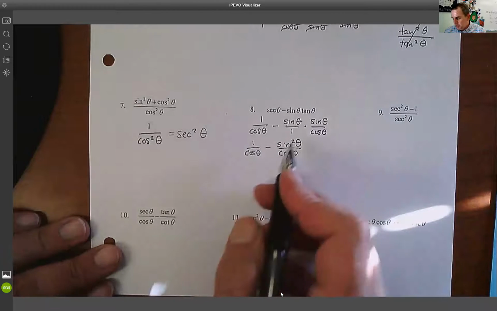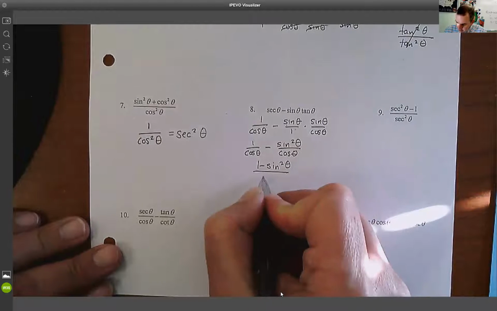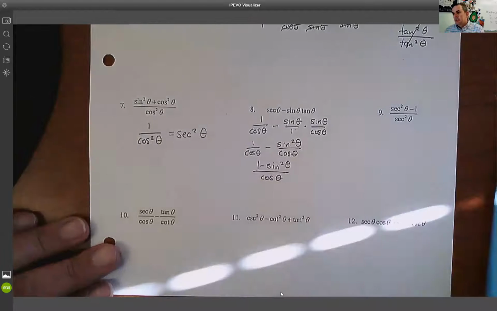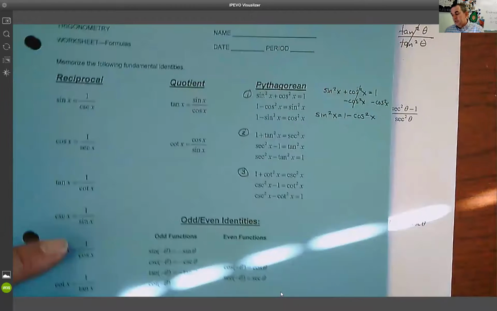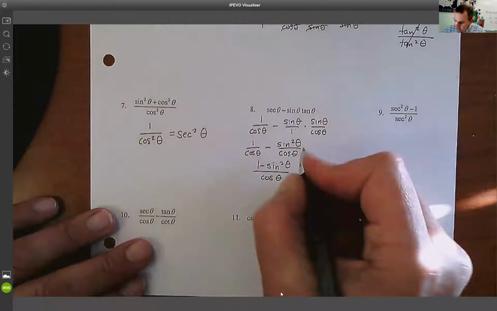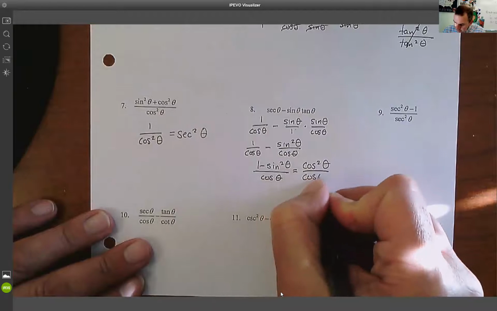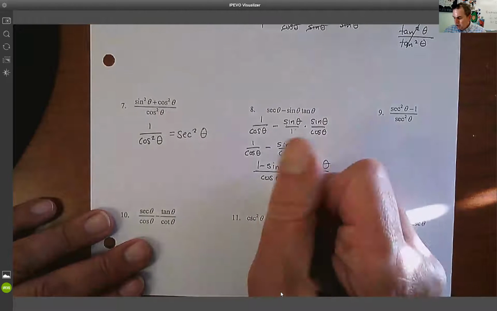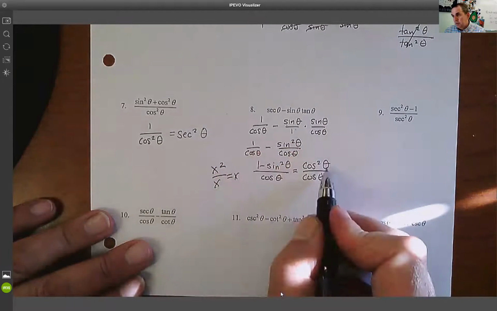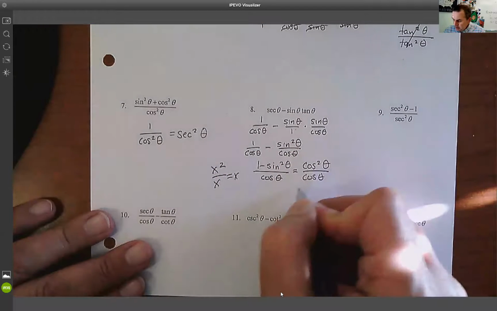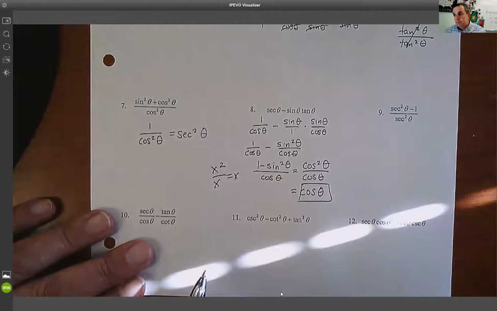Common denominator, which means I can bring it back together. So 1 minus sine squared theta over cosine theta. 1 minus sine squared theta is equal to cosine squared theta. So this equals cosine squared theta over cosine theta. And much like if I looked at x squared divided by x and got x because I subtract the exponents, a cosine squared divided by a cosine is going to equal cosine theta when I divide that out.